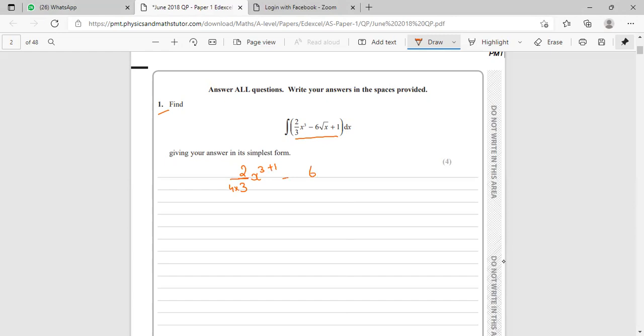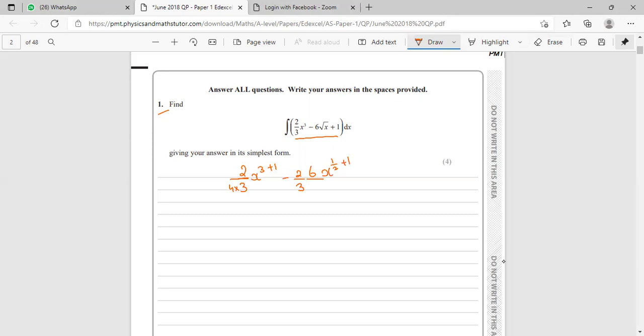Minus 6 x to the 1 by 2, we'll add 1 and now we have to divide it by the new power, which would be 3 by 2. So we will have 3 in the denominator and 1 in the numerator, right? Is this clear? Yep. Okay.